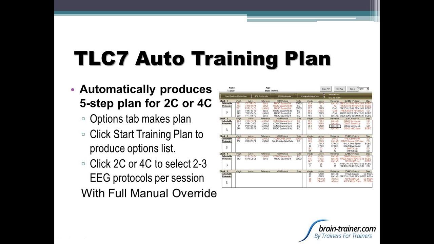It will tell you these are the things that we recommend as being most important in this particular brain. The trainer has complete ability to override that manually to adjust which ones are selected, even to add things which aren't there or remove things which are there.